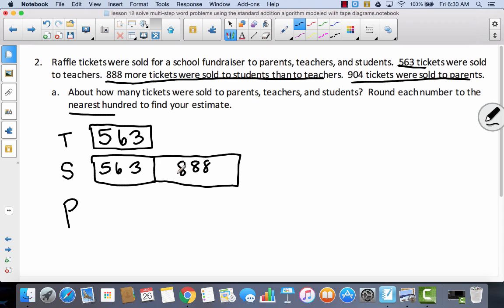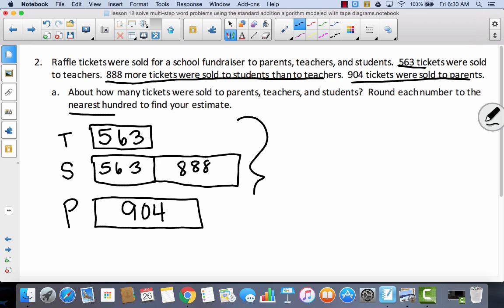Well, I know that this is going to be less than the students because I can tell that these two numbers together would be greater than 904, but I also know that 904 is greater than 563, so I'm going to make this box bigger than the teacher box. Now the question wants to know the total because it says about how many were sold to parents, teachers, and students.